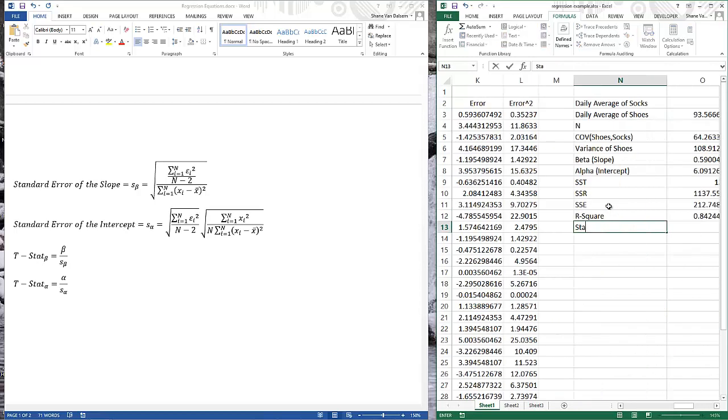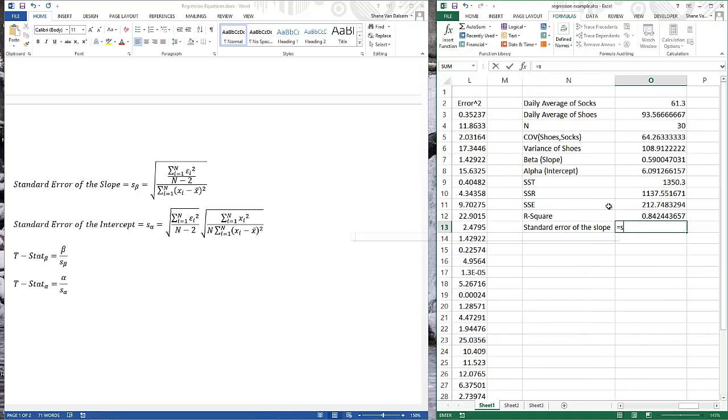So the standard error of the slope is equal to the square root of the sum of my squared errors. And I want to divide that by the number of observations, n, so we put obs, minus 2.